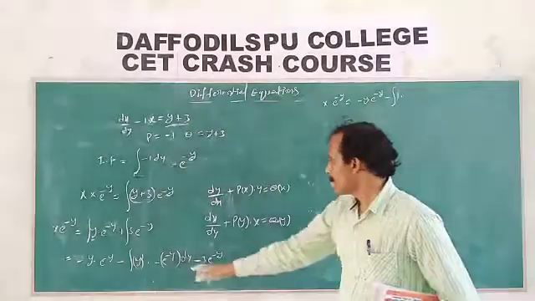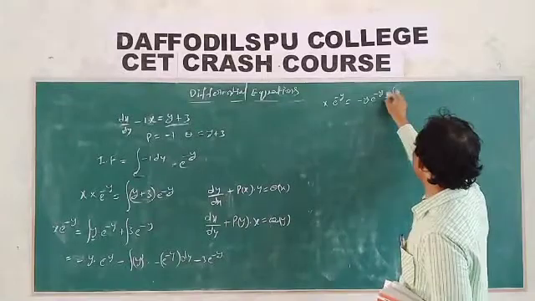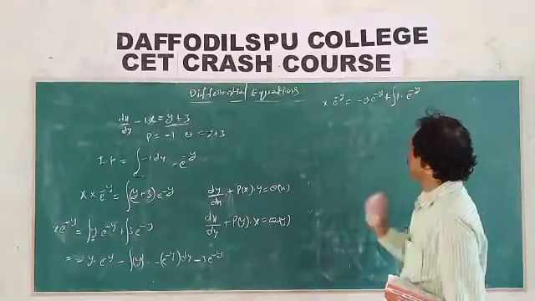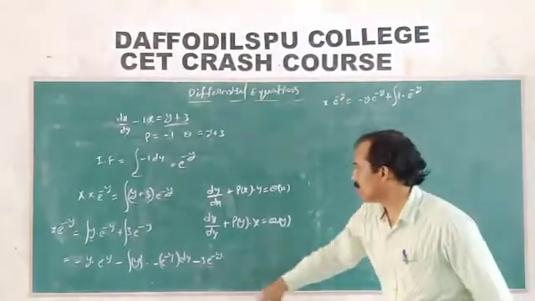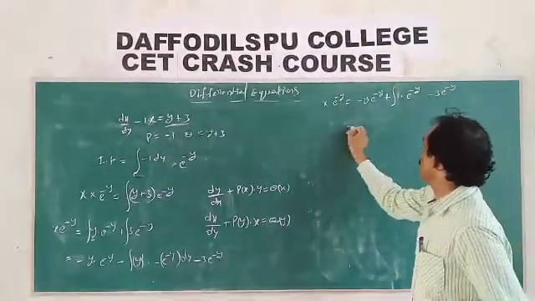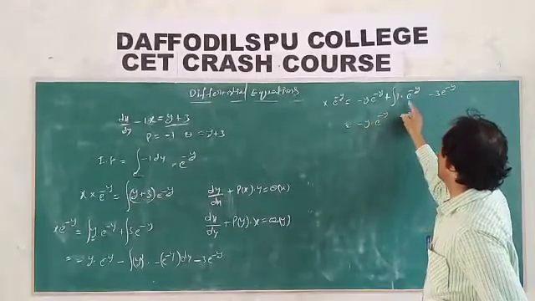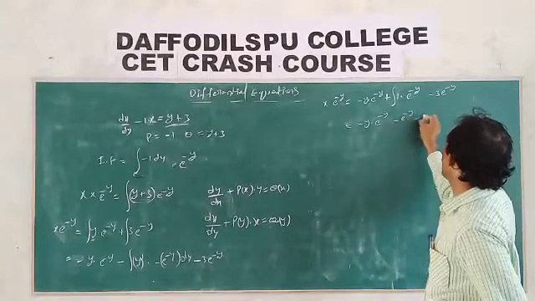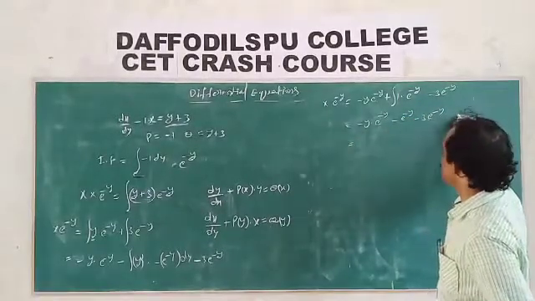Then here is minus 3 e to the power minus y. This is equal to minus y into e to the power minus y, again minus e to the power minus y, minus 3 into e to the power minus y, plus c here.